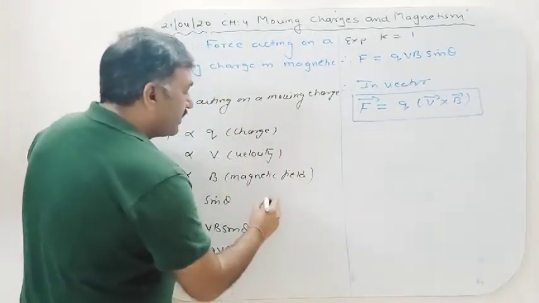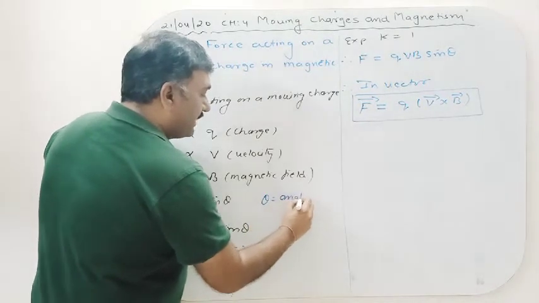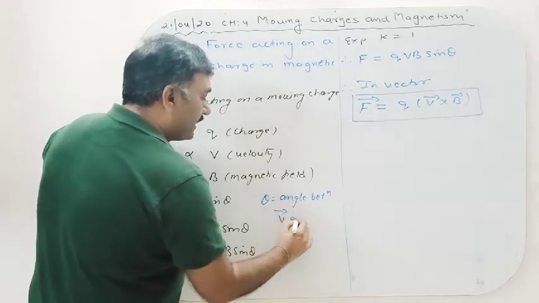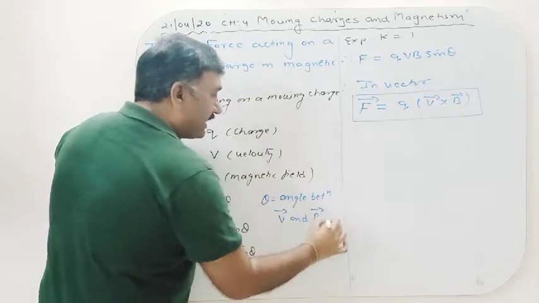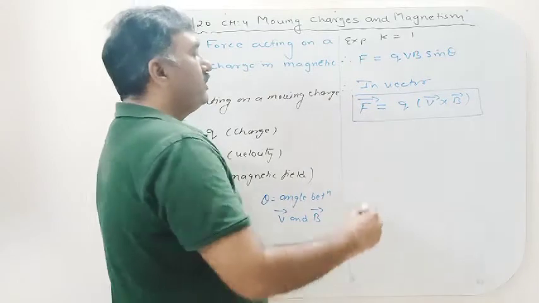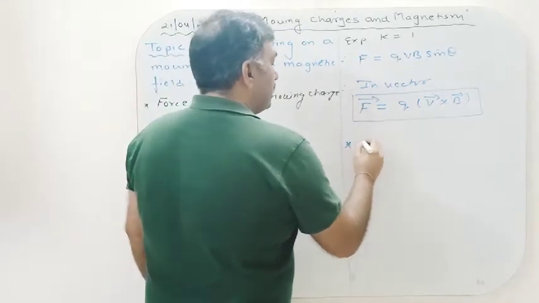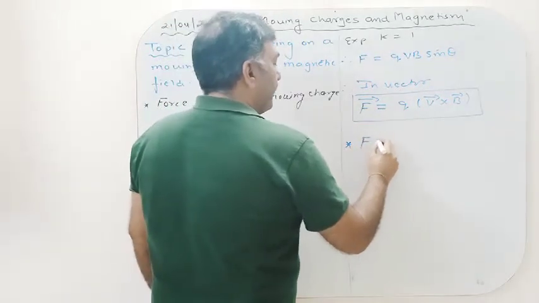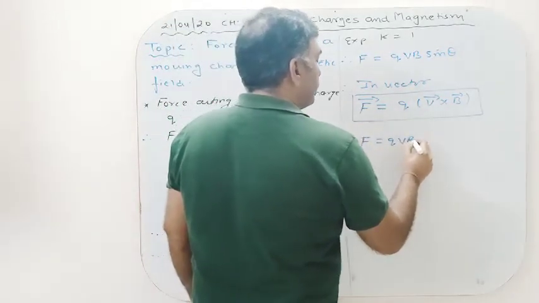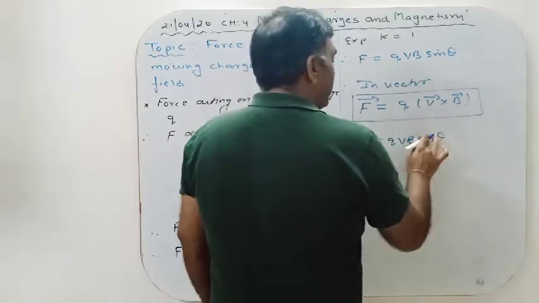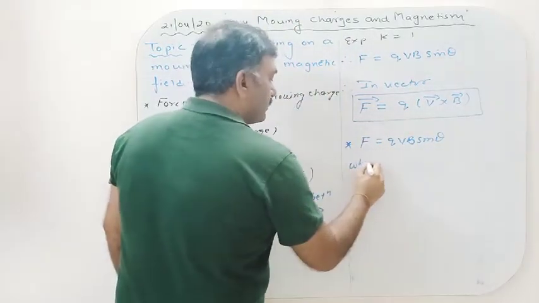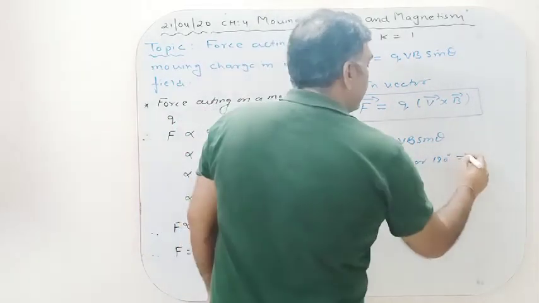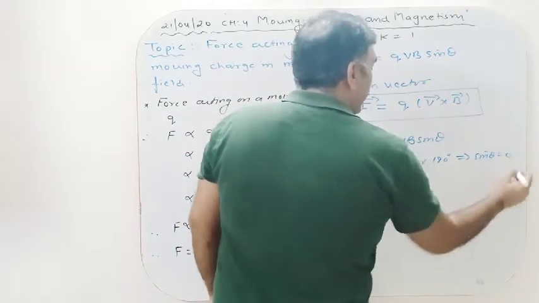Here theta is the angle between the velocity vector and the magnetic field. So F is equal to Q V cross B, and the magnitude is F equal to QVB sin theta. When theta is 0 degrees or 180 degrees, sin theta is 0.